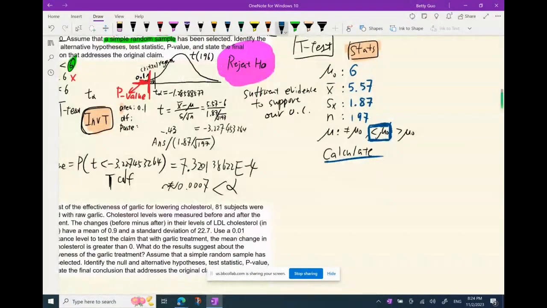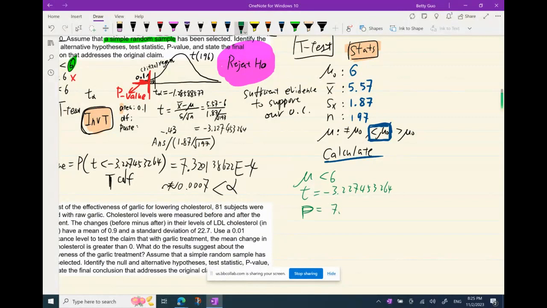What I have here is mu is less than 6, t equals -3.227453264. I have the p-value, this is capital P, by the way.